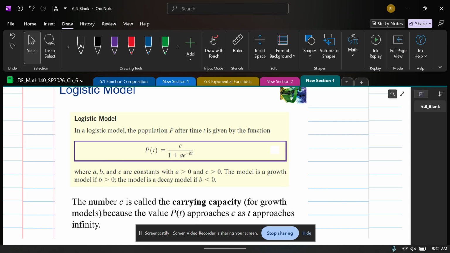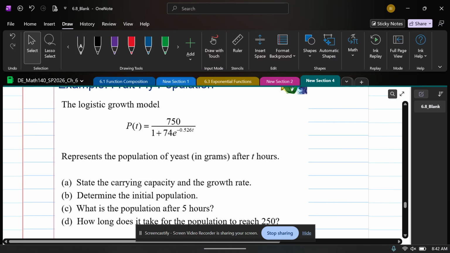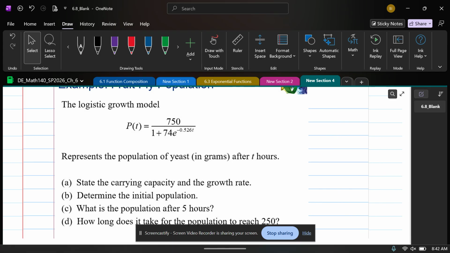Okay, so let's look at an application of this. Here we have a problem about carrying capacity. So you've got the 750. It says fruit fly population, but that's not correct. I changed the problem and didn't change the title on the slide. That's okay.